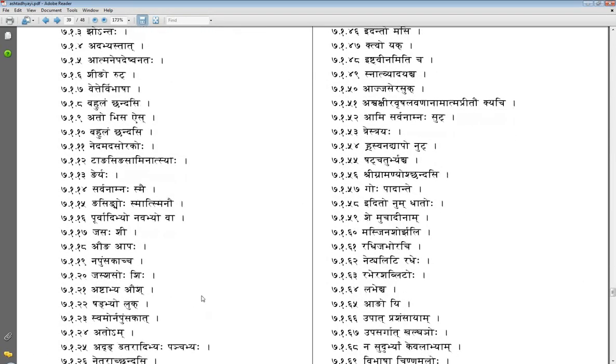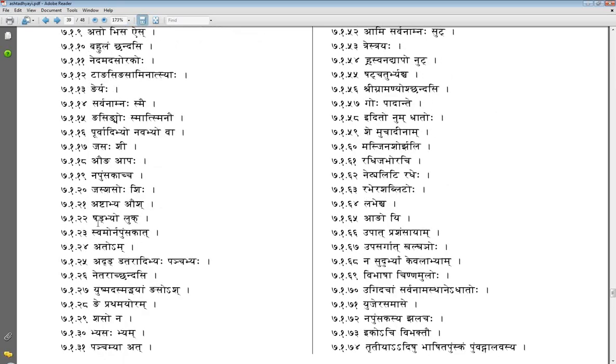The one I want to point out now is Samo Napumsakat, which we all know, just practice. The su and am take the luk. Pratyasya luk shlulupaha means the entire pratyaya is gone. You don't do alontyasya because of pratyasya luk shlulupaha. That comes in the first adhyaya. It is a paribhasha sutram.